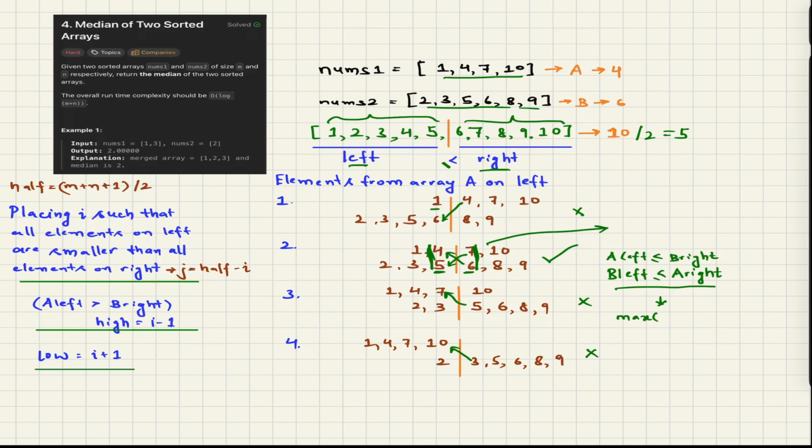Maximum of 4 and 5 is 5, and minimum of 7 and 6 is 6, divided by 2, which is 5.5, the actual answer that we found in the starting. And if we have an odd number of elements in total, the max of A left and B left will be my answer.